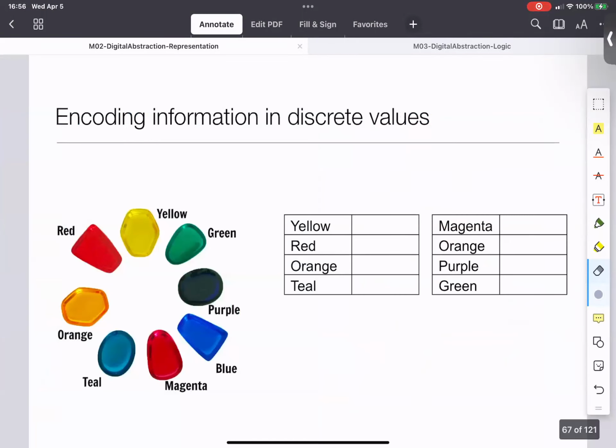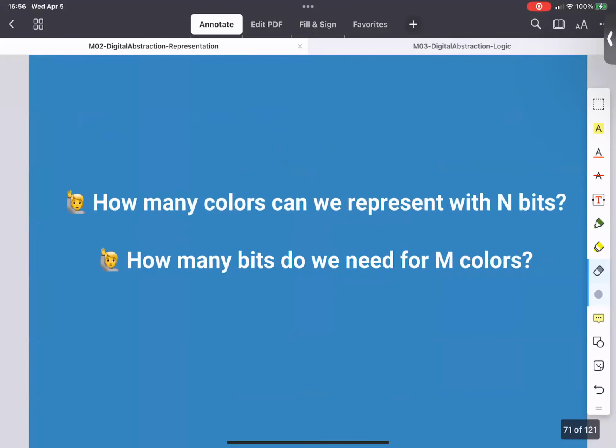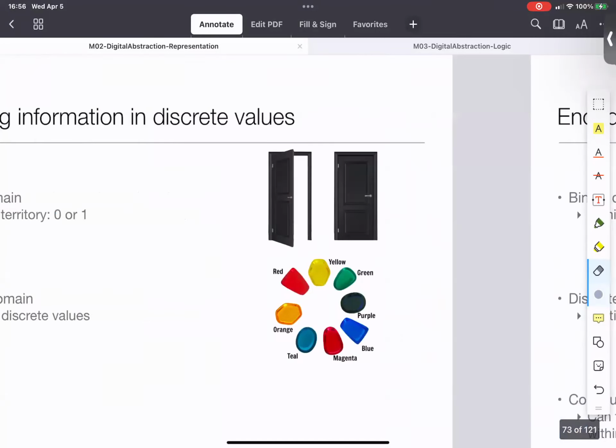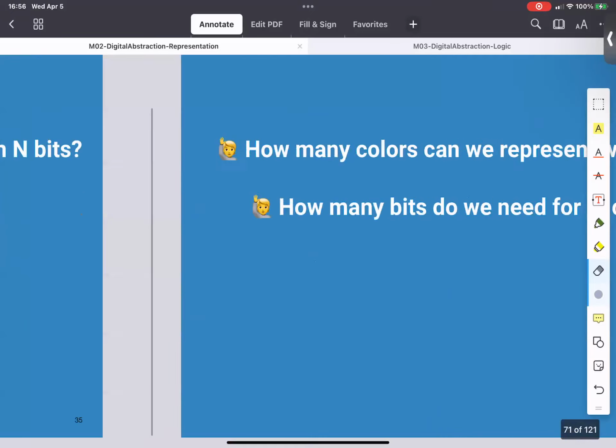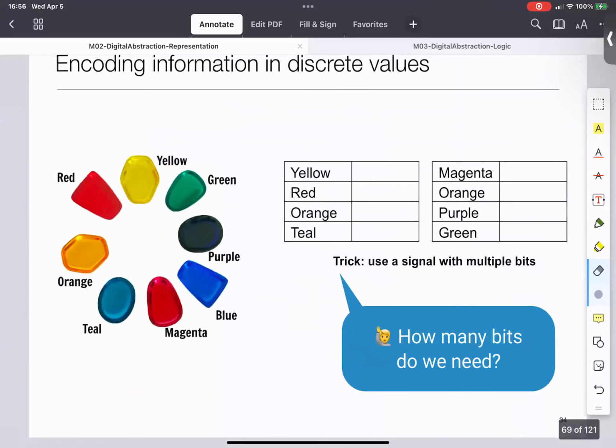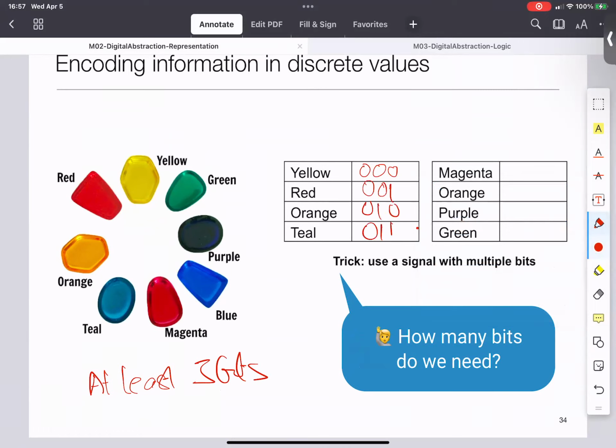So for these 8 colors, how many bits do we need? As we talked about, I need at least 3 bits. So I can do something like this: 0 0 0, 0 0 1, 0 1 0, 0 1 1, 1 0 0, 1 0 1, 1 1 0, 1 1 1. I can map it this way.